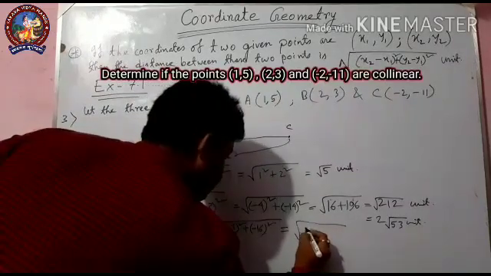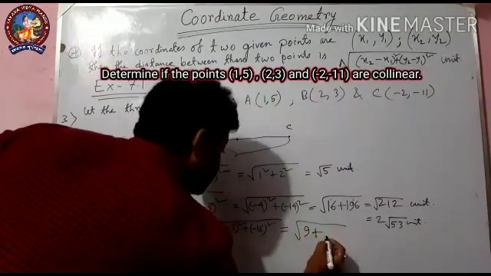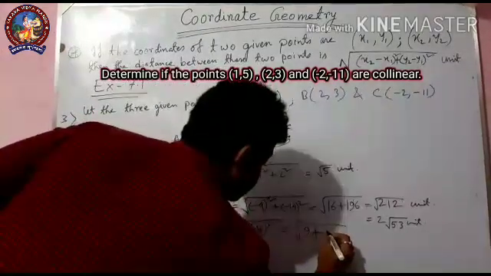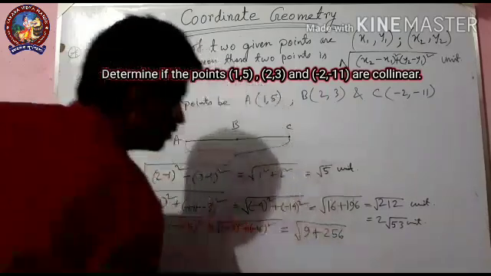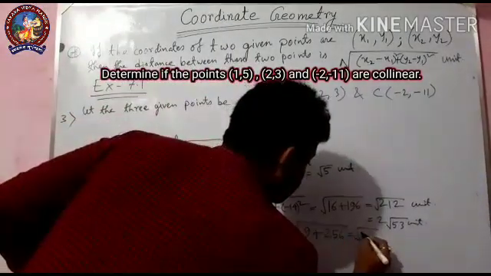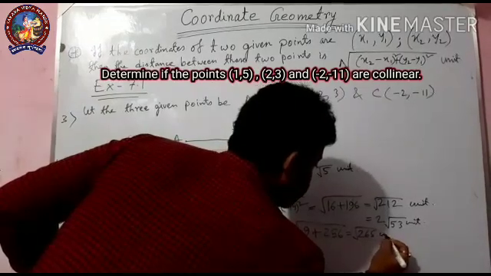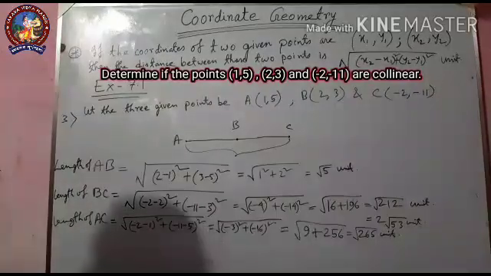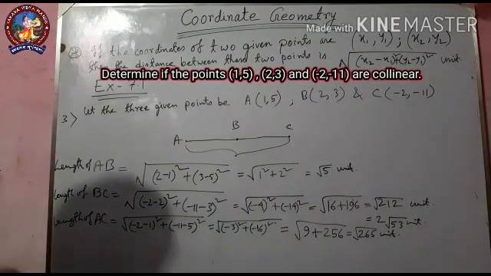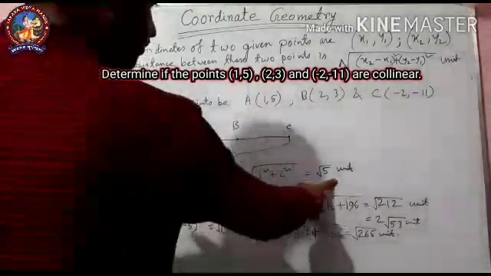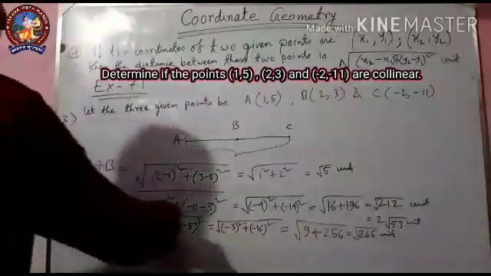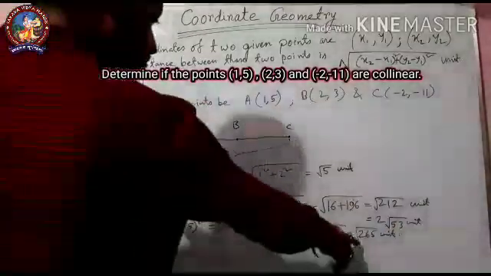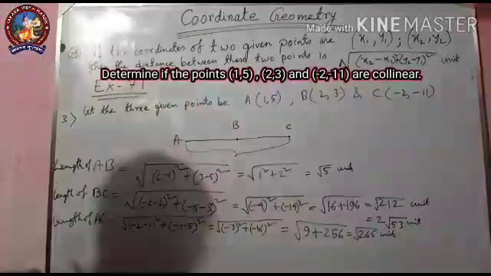This is root over 9 plus 16 square, that is 256. That gives root over 265 units. Now see the lengths: AB is root over 5 units, BC is 2 root 53 units, and AC is root over 265 units, right?